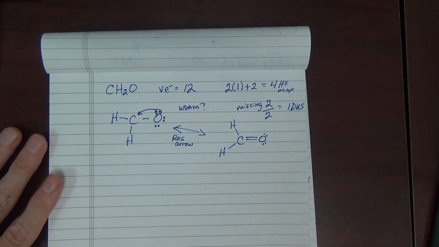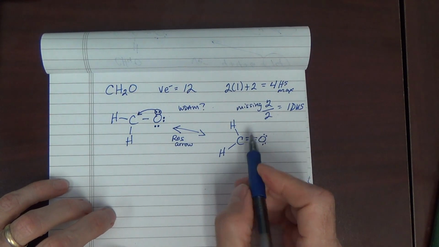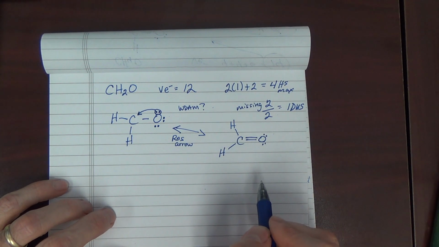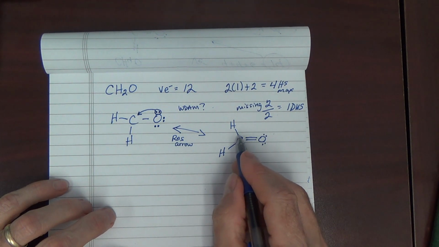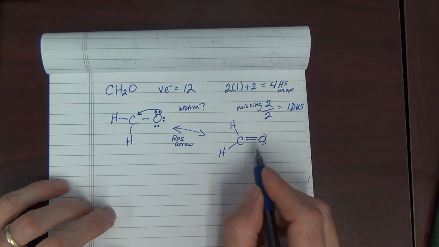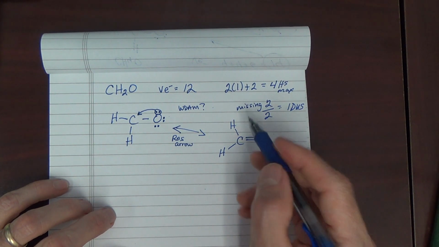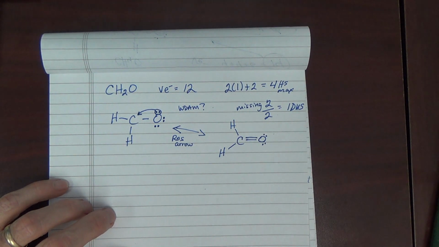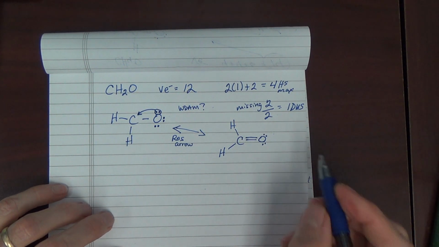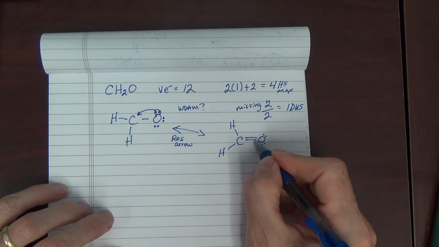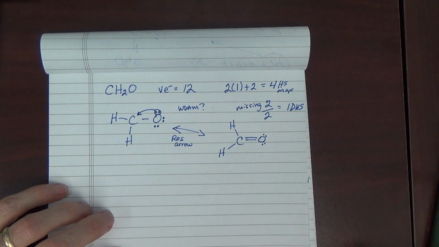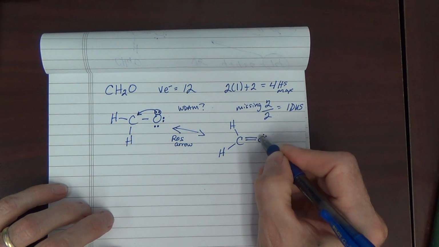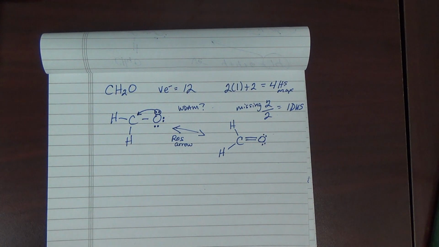Now let's assess our structure. Now the carbon has 1, 2, 3, 4 bonds, no lone pairs. Yes, that is 4 bonds. Standard bonding for carbon, 2, 4, 6, 8. 8 electrons around carbon in terms of an octet. The oxygen, 2 bonds, 2 lone pairs. Standard oxygen. 2, 4, 6, 8. 8 electrons around the oxygen as an octet.